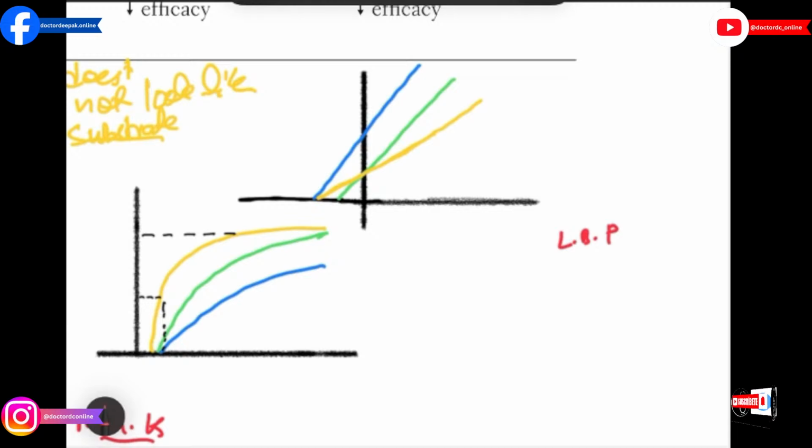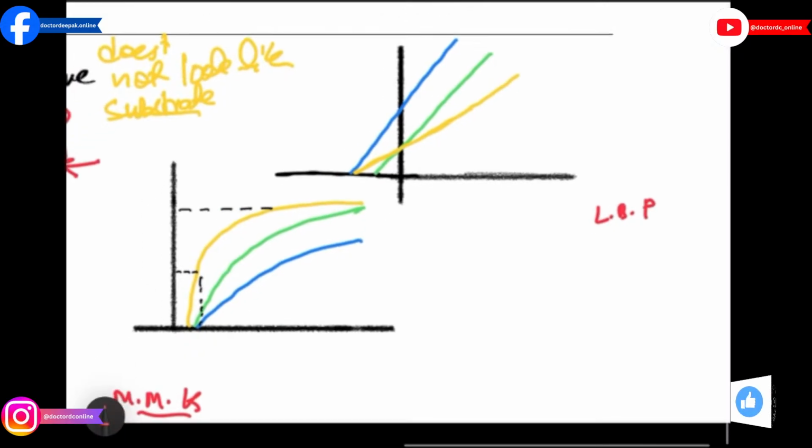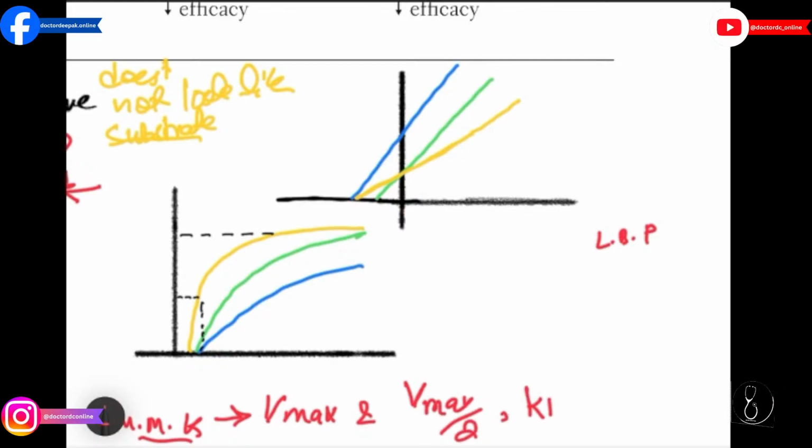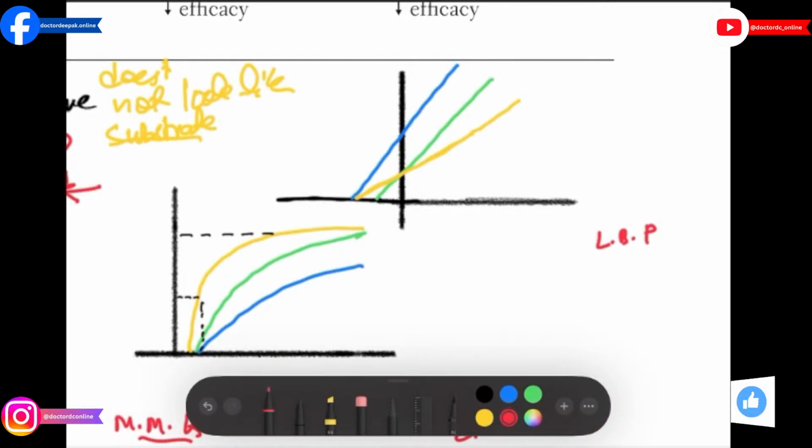In this class, we are going to study how to identify competitive inhibitors or non-competitive inhibitors. And these kinetics give two qualities of the enzyme. One is Vmax, and second is half of Vmax. And secondly, we also go through a constant called the Km.